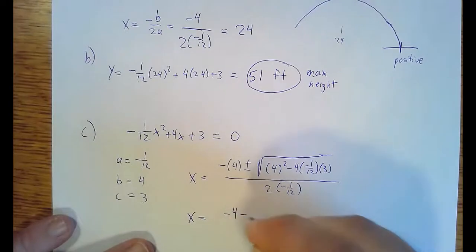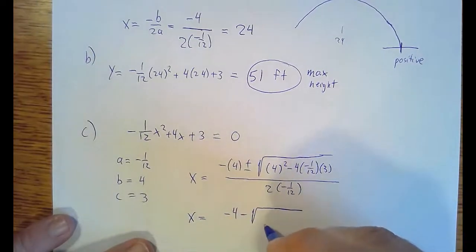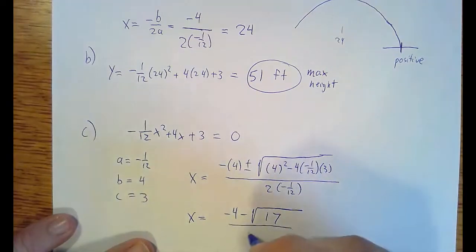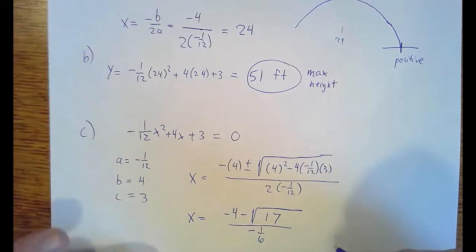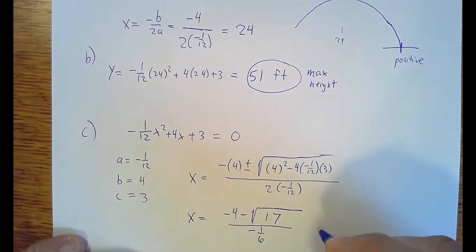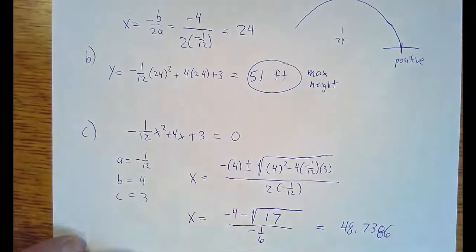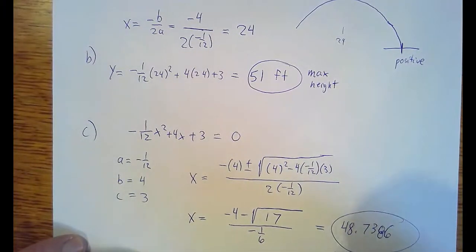So negative 4 minus this expression is going to be square root of 17 all over 2 times minus 1/12 is minus 1/6. And this expression, when I type this into a calculator, it's going to be equal to 48.7386. So that would be the distance when the ball hits the ground.